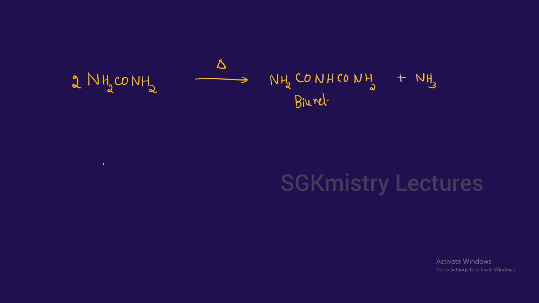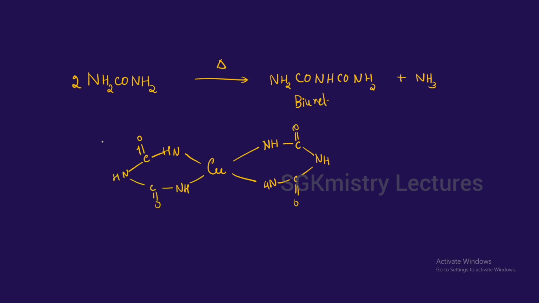Now this biuret, when you treat it in the presence of Cu2+ ions as well as the NaOH, you're going to get the complex. So what happens is you get the copper complex, NH CO, again NH CO NH bonded, with the double bonds C=O, and the total charge of +2.